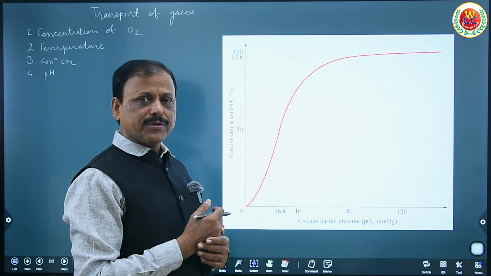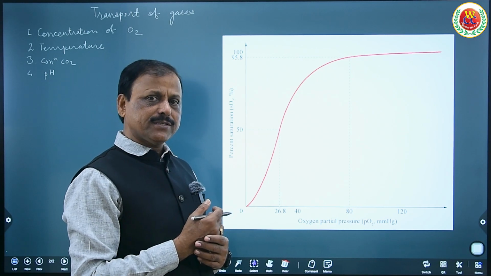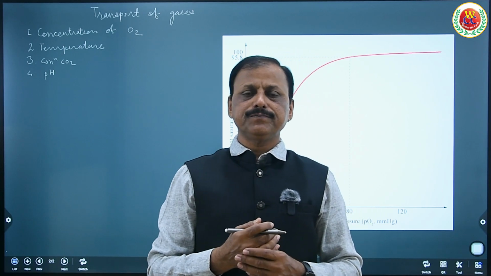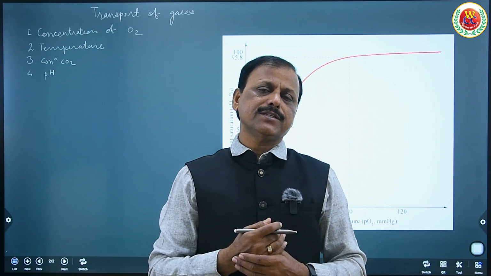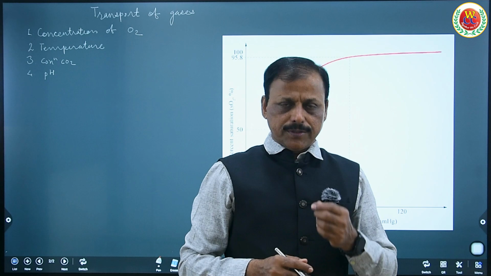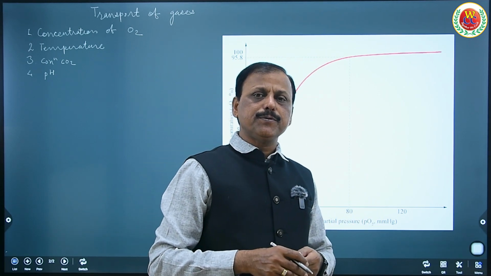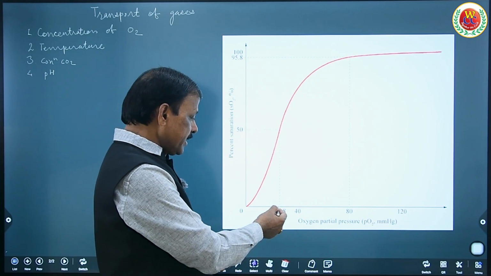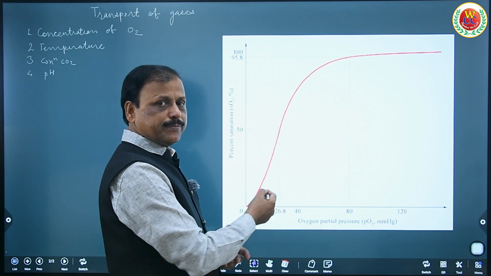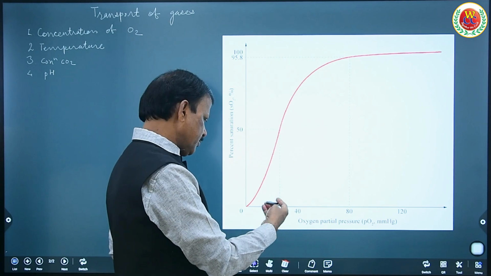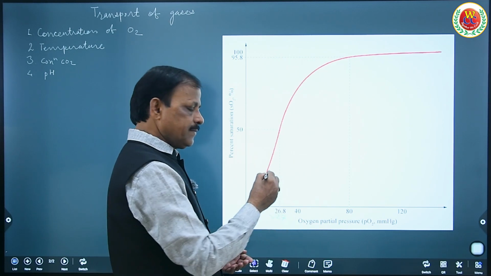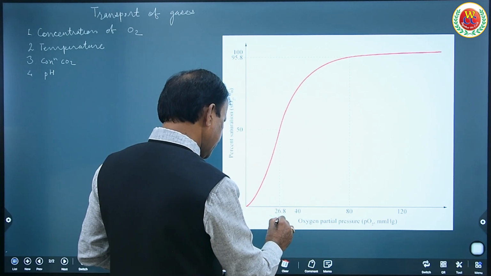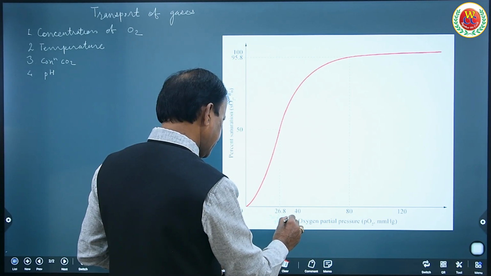Here we see how oxygen gets associated, and how much pressure is required to saturate hemoglobin to carry oxygen through the blood. According to this, what does the P50 value mean? Here it is given 26.8, approximately 27 mmHg. Pressure is always counted in mmHg.